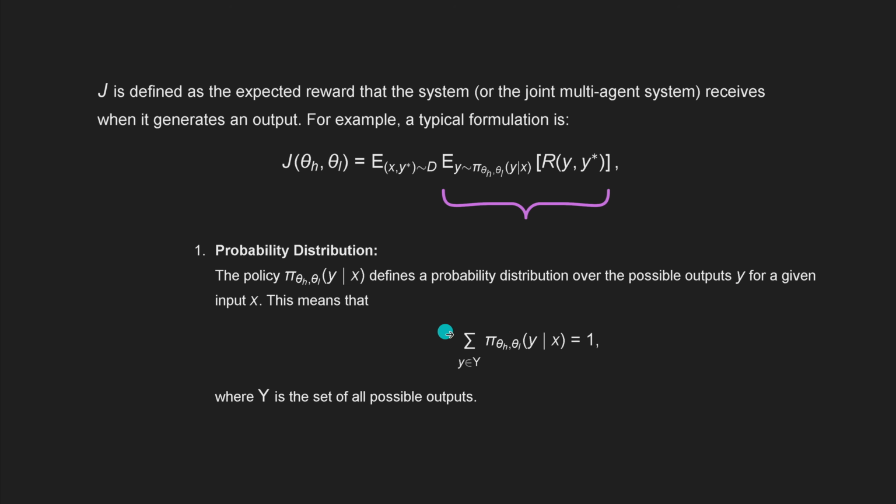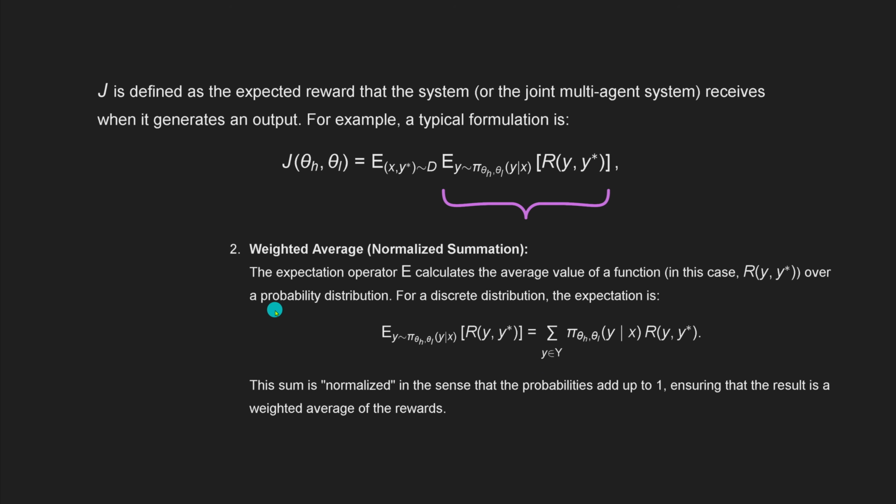So this summation sums up to 1, where the capital Y is the set of all possible outputs. Then we have a weighted average, or a normalized summation. The expectation operator E calculates simply the average value of a function, in this case the reward function, over a probability distribution.